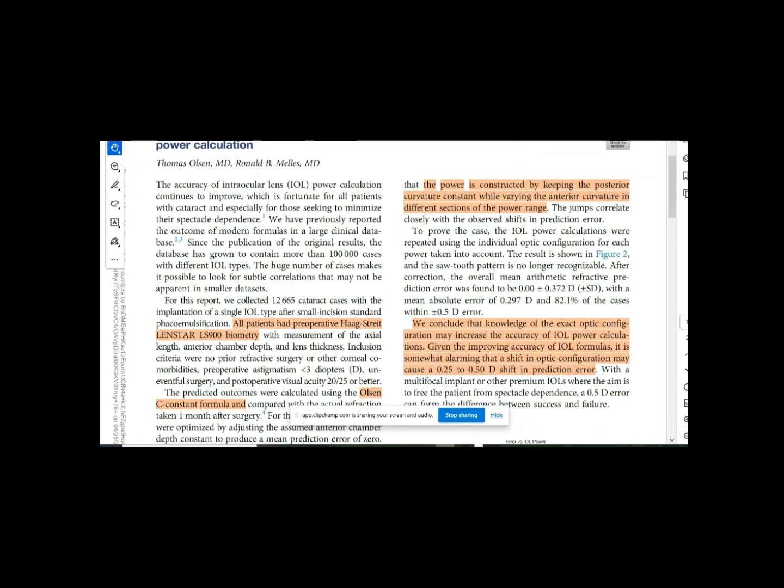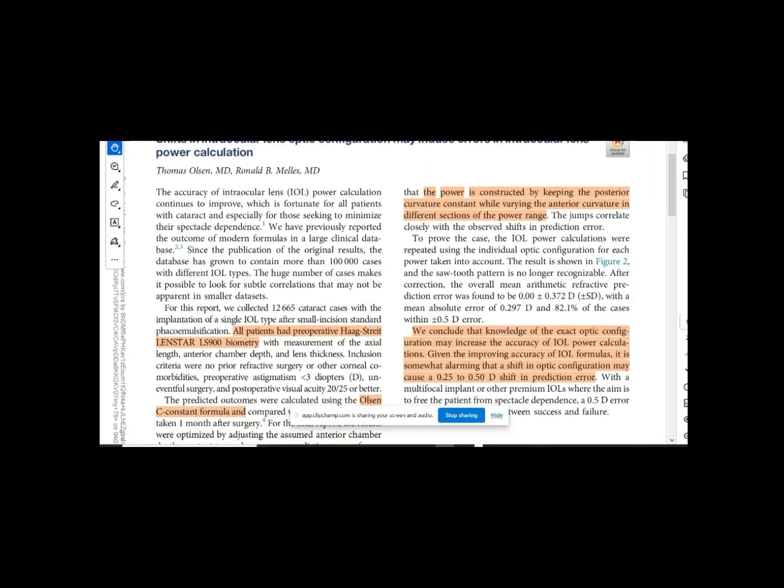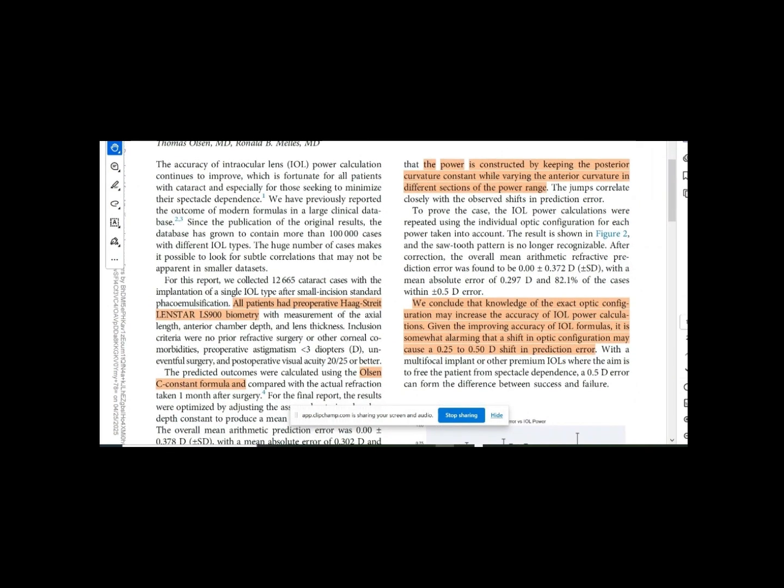So coming back to our focus, the findings of Olson are that if you know the optic configuration of the different lenses of different companies, then you can build your IOL formulas accordingly, right?